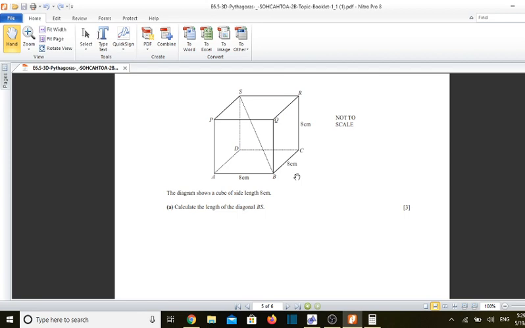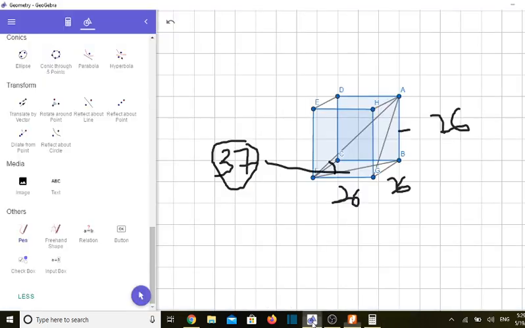Okay, if you can look at this question. Here again we have a cube. In this cube we have the sides as 8 centimeter each. First of all, we need to find the length of this diagonal, which again we can do in the same way like we did over here.